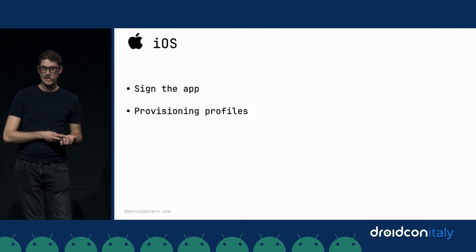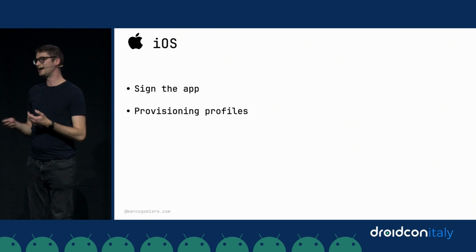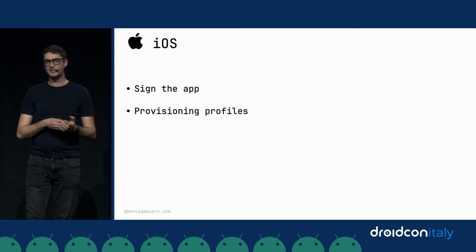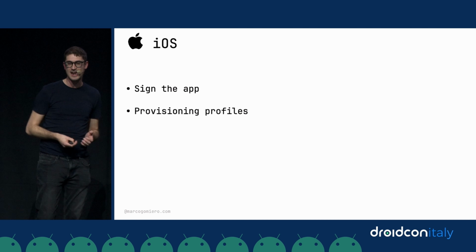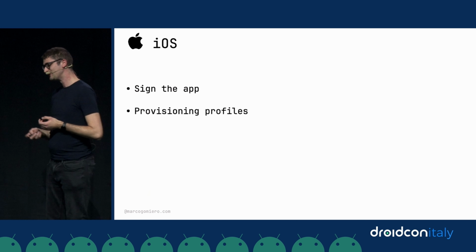Then there's an additional step required that is called provisioning, and you have to provide provisioning profiles, which is a step required for iOS in order to verify that the app is signed with the signature that is supposed to be the one. Which is basically checking if the signature is coming from a trusted Apple developer. So basically, it's a step checking if you paid the $99 for being able to do the thing.